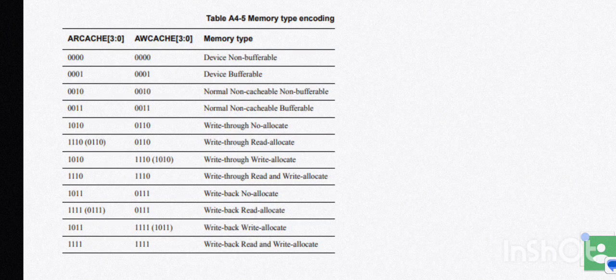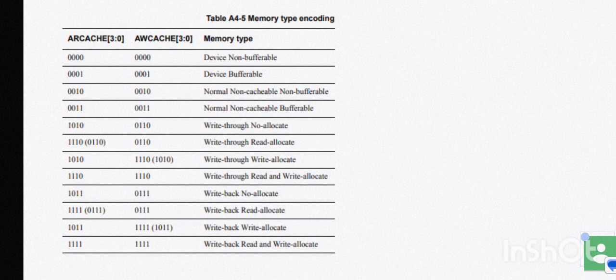For 0110, write-through no allocate. The write response can come from an intermediate point. Writes must reach the final destination in time. Read data can come from a cached copy.